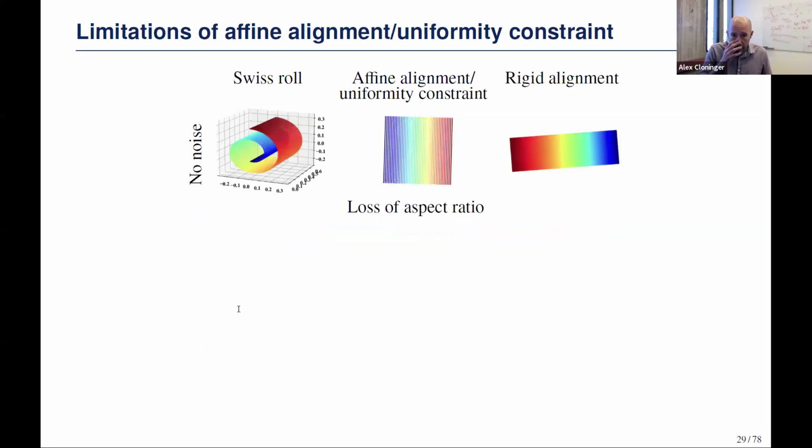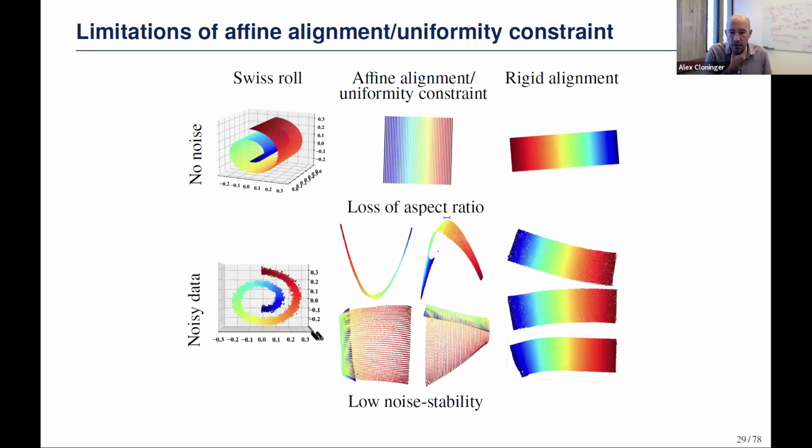So affine isn't great. Why? Well, for example, when you do affine transformations of, say, a Swiss roll, you can lose aspect ratio. You wind up creating compressions because you're looking for orthogonal things, and that distorts what the geometry was. You won't have that with rigid alignment.